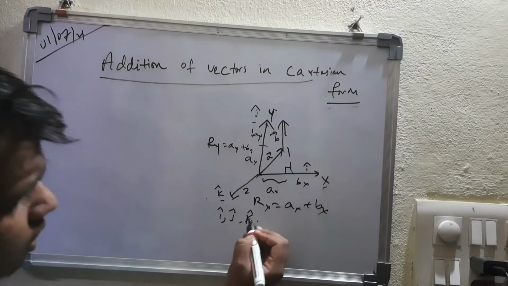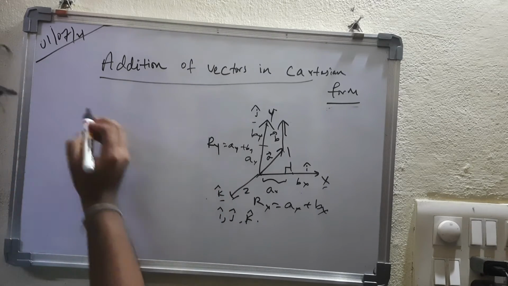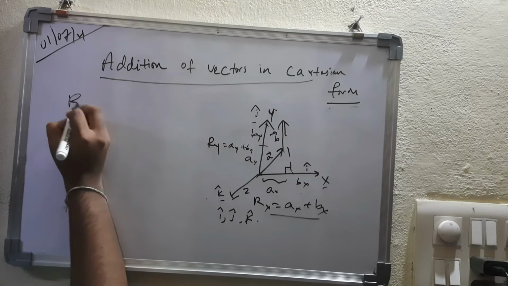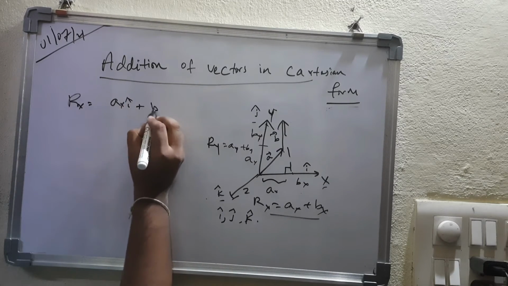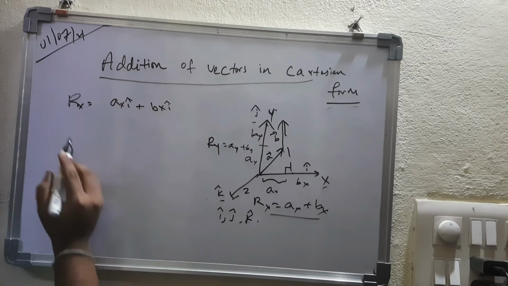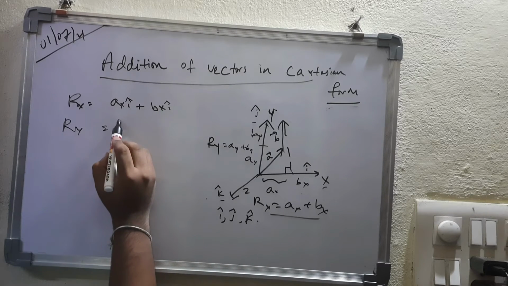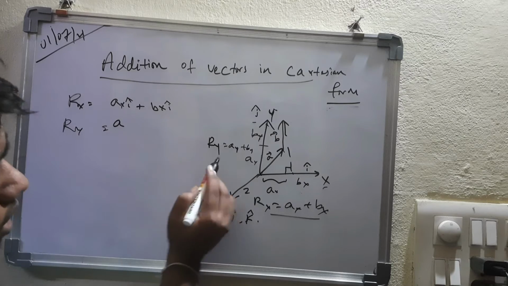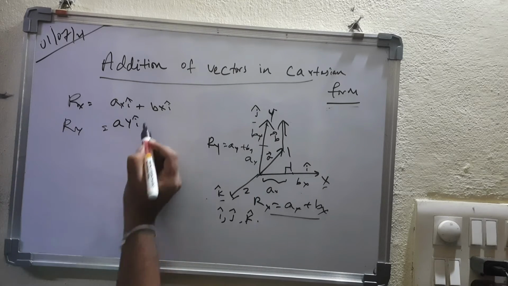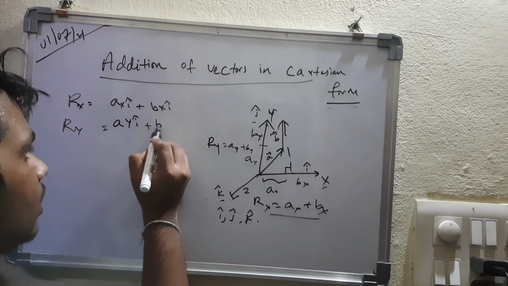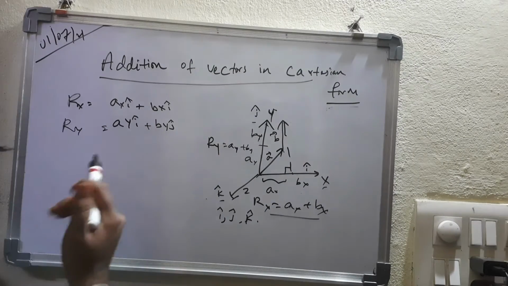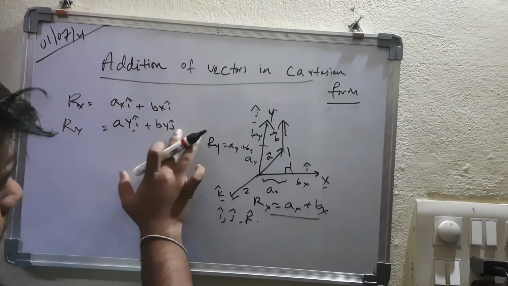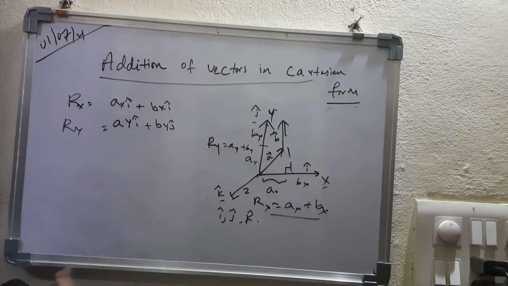Now this rx will become ax i cap plus bx i cap. Okay, ry becomes ay j cap plus by j cap, because i and j are coordinates in the x and y axis respectively.